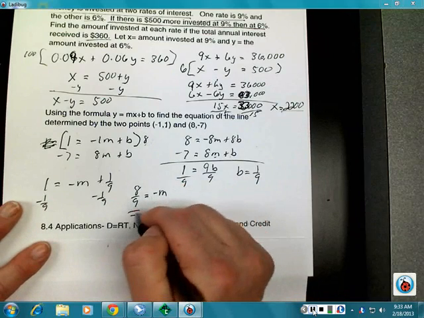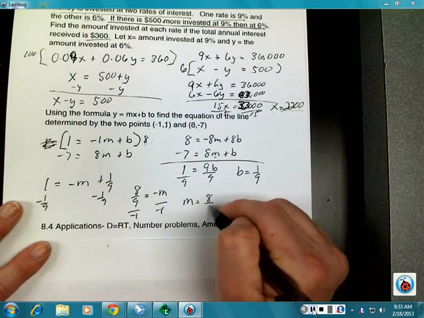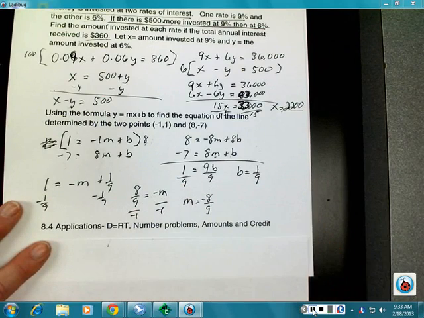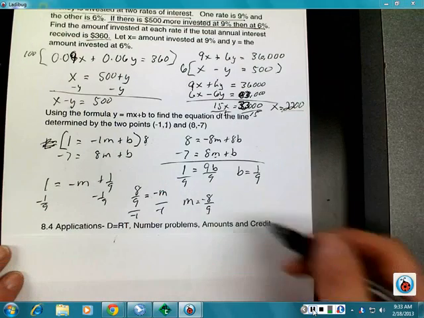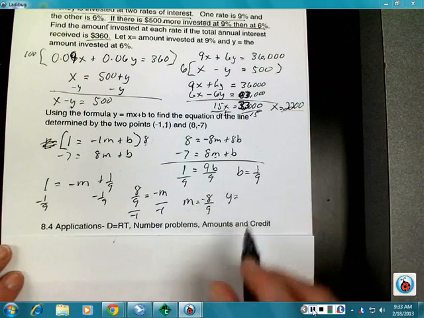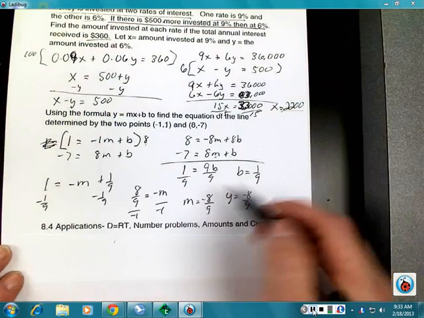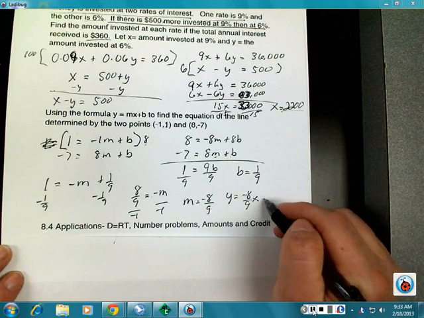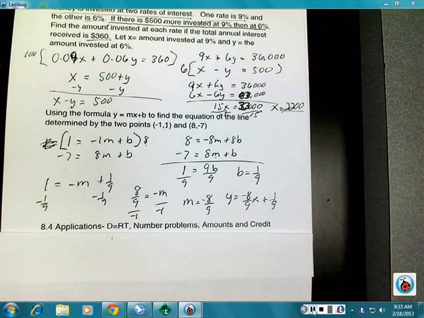Divide both sides by -1, which just basically changes the sign. So m is equal to -8/9. So what's my equation? Well, I can plug it back in here and find out that y is equal to -8/9 x plus 1/9. And I have my solution.